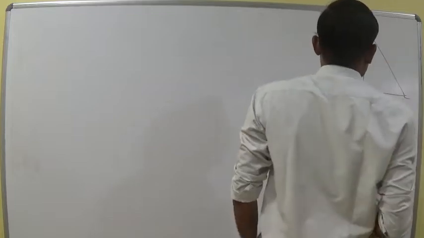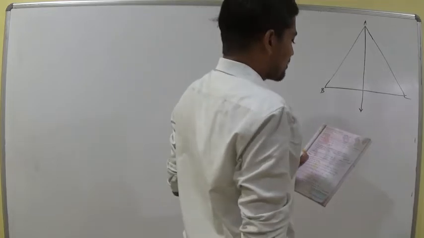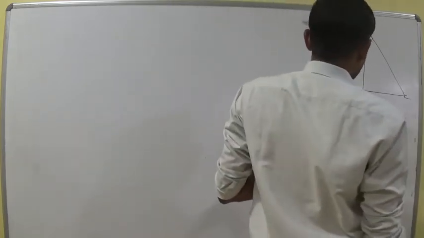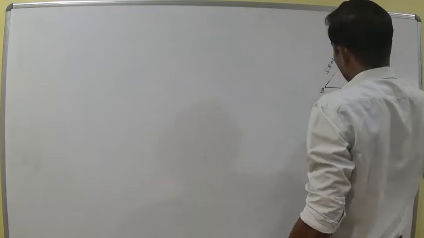So the side equations are given here, in order AB, BC, CA. AB is 3x + 4y = 6, that is 3x + 4y - 6 = 0. BC is given as 12x - 5y - 3 = 0. Finally AC is 4x - 3y + 12 = 0.